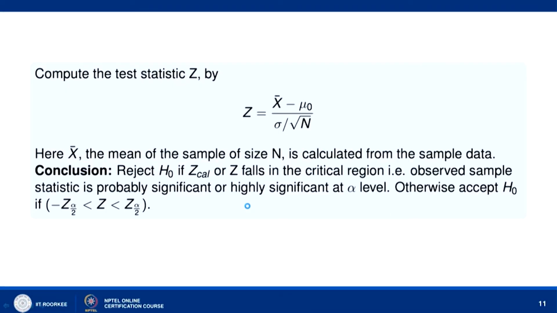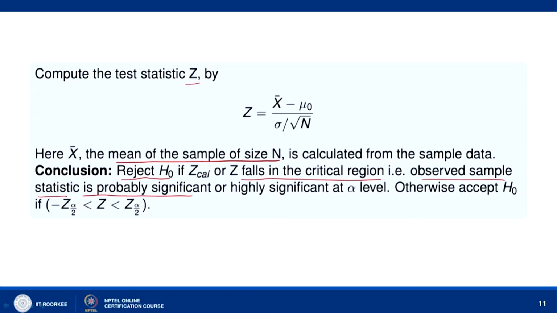We will compute the test statistic Z by Z equal to x bar minus mu naught over sigma by root n, where x bar is the mean of the sample of size n, calculated from the sample data. Now, how will we conclude? We will reject the null hypothesis H naught if Z falls in the critical region, that is, the observed sample statistic is probably significant.